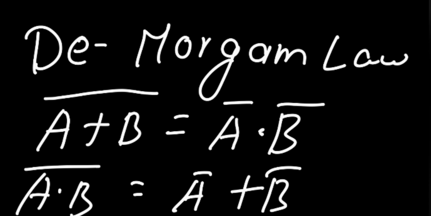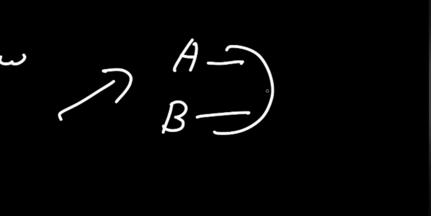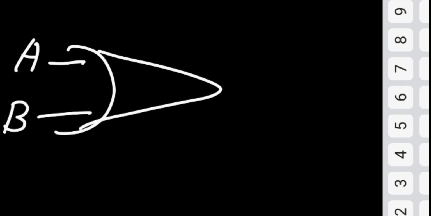So for example, A and B, to represent the OR gate we use this, and to represent the whole complement we use a NOT gate on top.